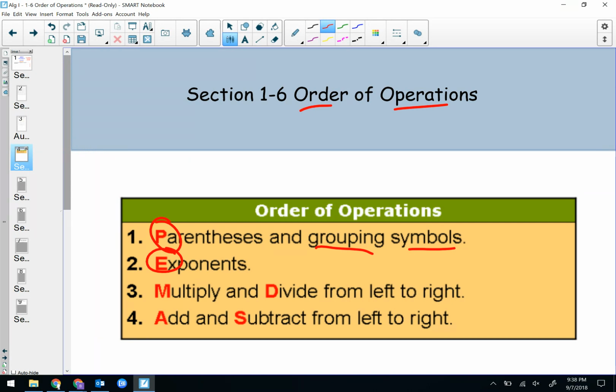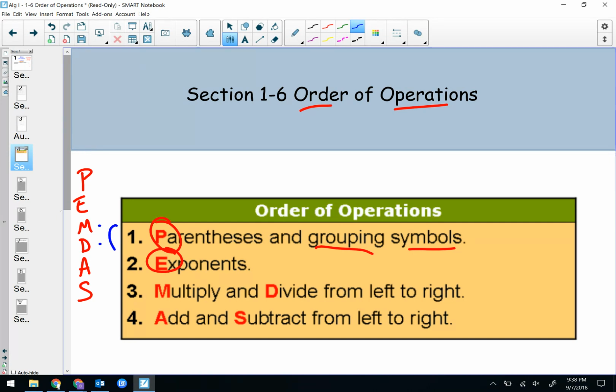Now, what people get caught up in here is the M and the D. Normally you write it like this, PEMDAS, and people think that because M comes before D, multiplication always comes before division, and that is not right.